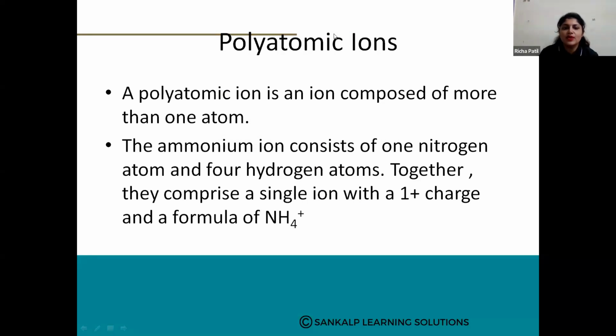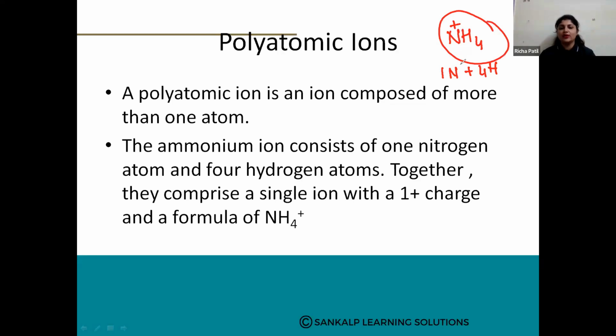Ammonium is NH4 plus. It consists of one nitrogen atom and 4 hydrogen atoms. Together they comprise a single ion with a positive charge and a formula of NH4 plus.